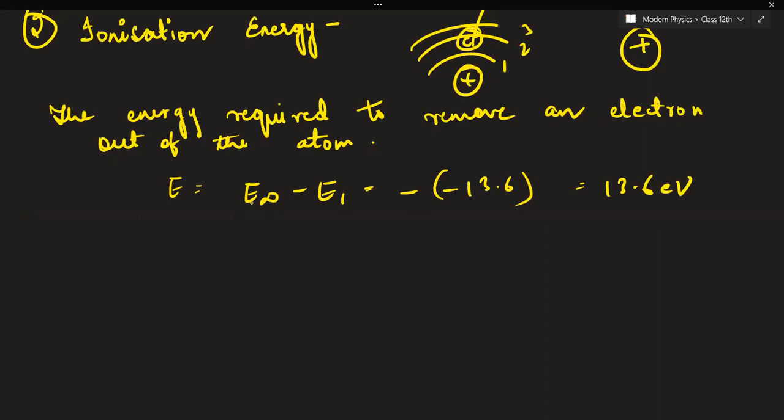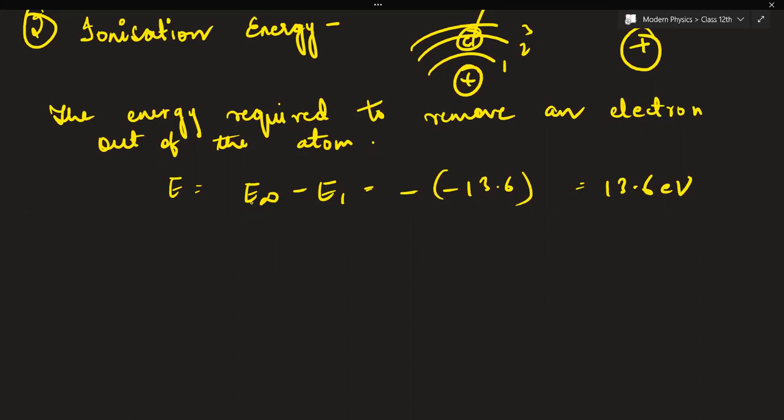Now coming to ionization potential. Same thing, the potential required to remove an electron. Ionization energy was the energy required to remove an electron out of the atom. Ionization potential is the accelerating potential which, when given to a bombarding electron with sufficient intensity, ionizes the target atom, knocking one of its electrons completely out of the atom.